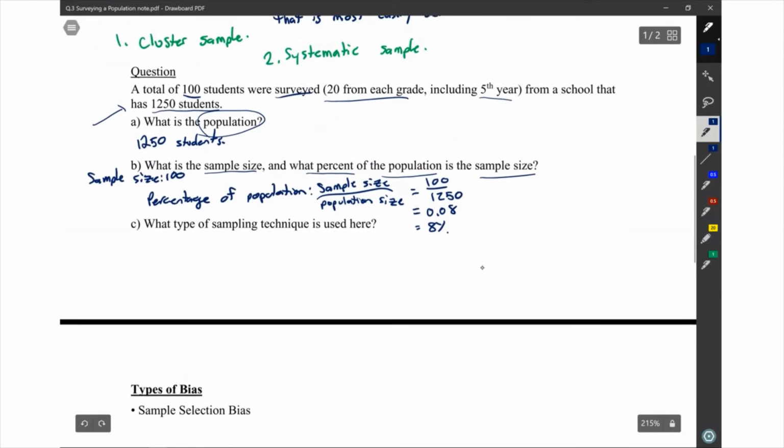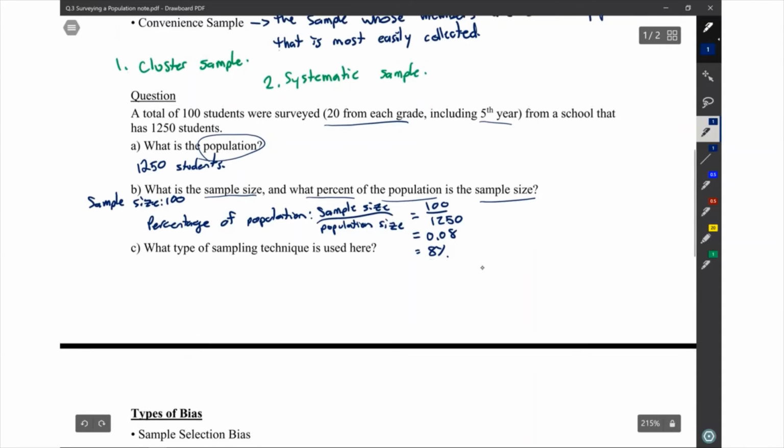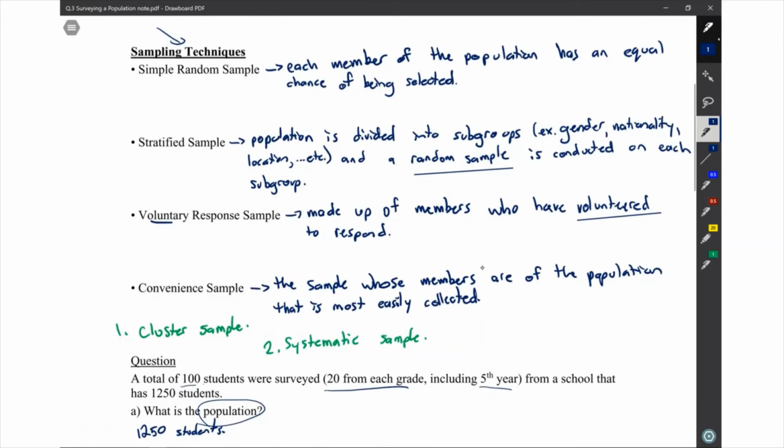Now, what kind of sampling technique is used here? Well, what they've done is they have taken 20 students from each grade, including the 5th year, in order to amass our 100 students. So is it a simple random sample?